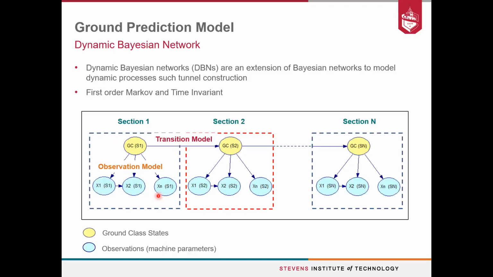To fully specify this dynamic Bayesian network, you need to specify a transition model that represents the probability of going from one ground class state to another ground class state, and an observation likelihood model that represents the probability of observing certain recorded parameters of the TBM, right, torque, penetration rate, etc., given that you're going through the particular ground.